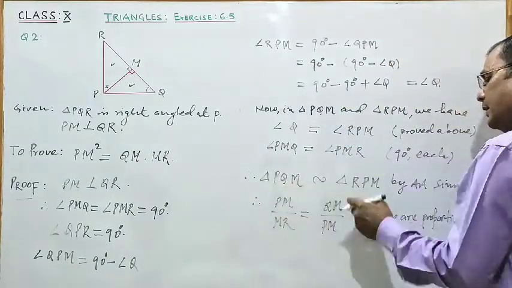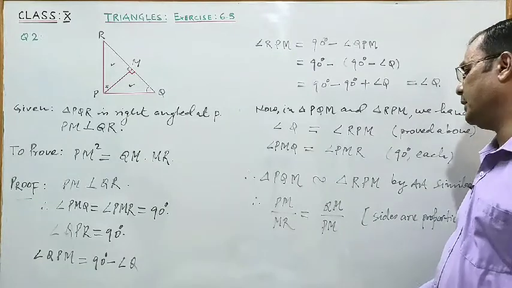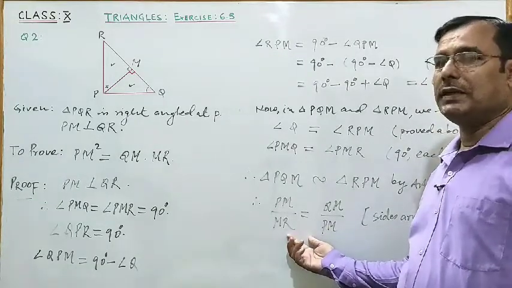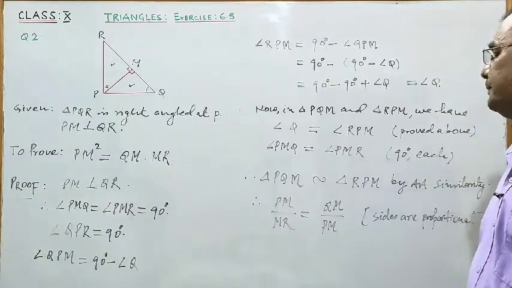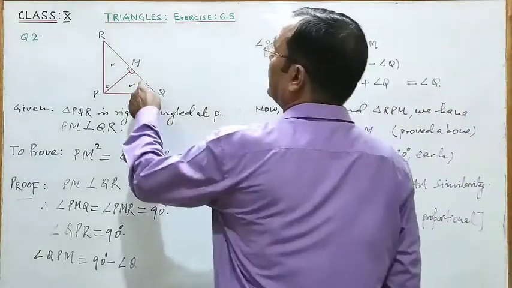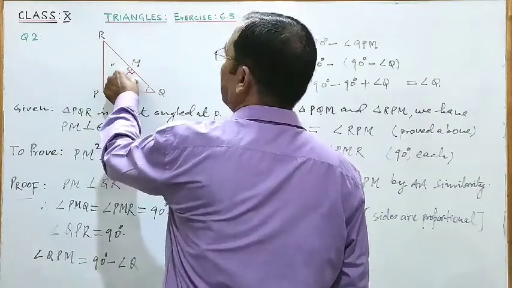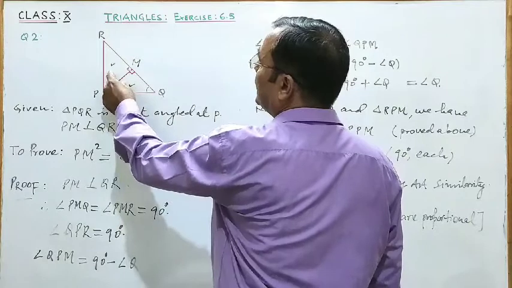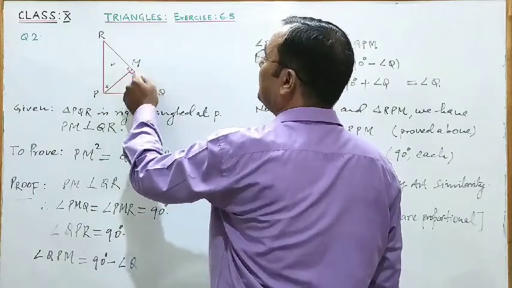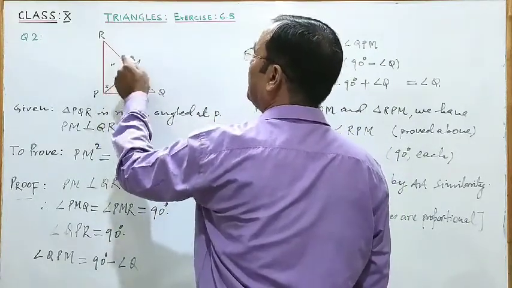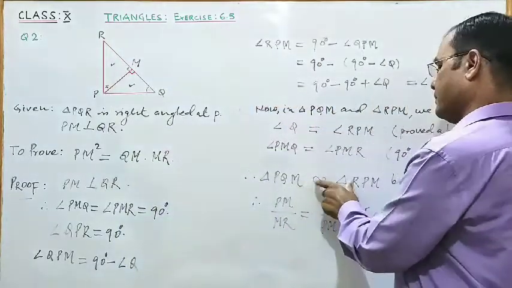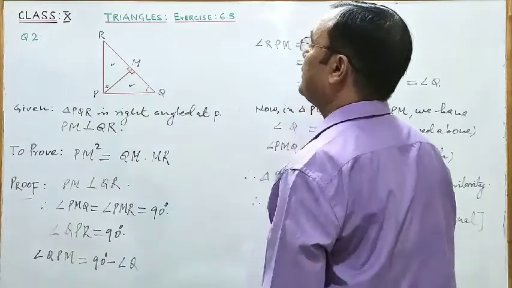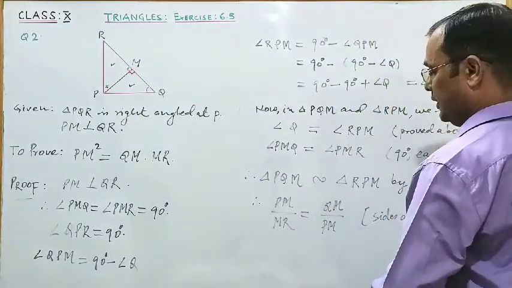Triangle PQM and triangle RPM are similar, so we have written their corresponding sides are proportional. Here in this figure, there are three right triangles, and we have proved two right triangles PQM and RPM similar here. So, their corresponding sides will be proportional.